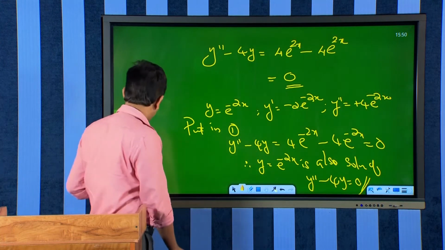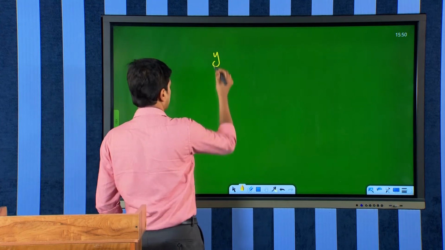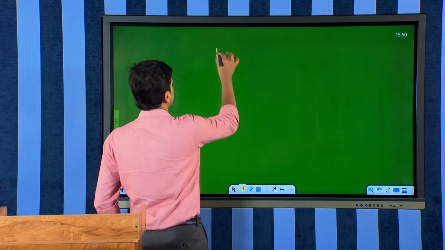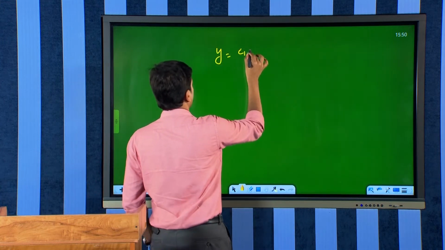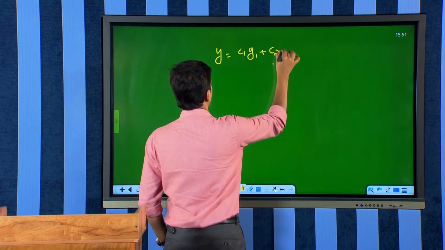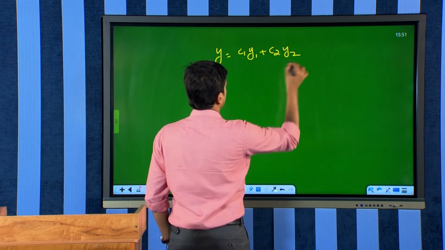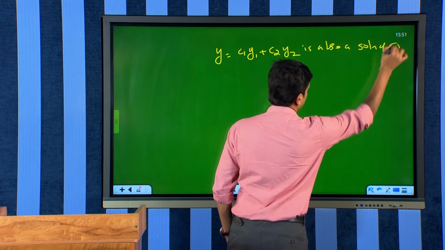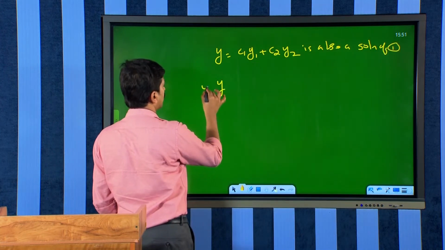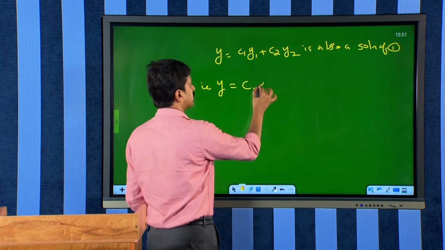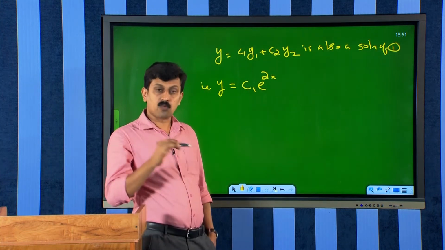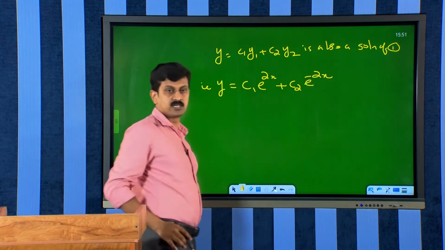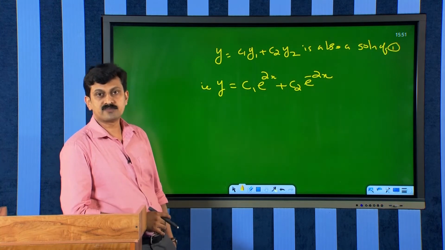According to the fundamental theorem, y is equal to c1 y1 plus c2 y2 is also a solution of 1. So the solution is y is equal to c1, an arbitrary constant, times e raised to 2x, plus c2 e raised to minus 2x, is the solution of the differential equation.